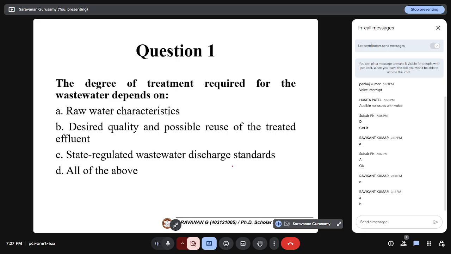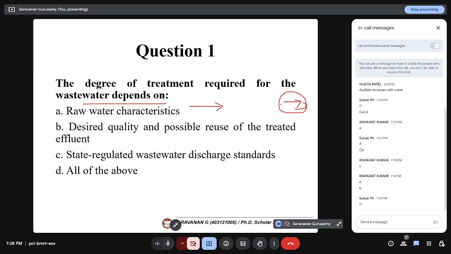Okay. Another 15th question we are going to see. Please answer the question. The degree of treatment required for the wastewater depends on. So how to treat? I know the characteristics of inlet wastewater. I know the discharge standard, based on the outlet quality of the wastewater. Based on the standards I have to treat.